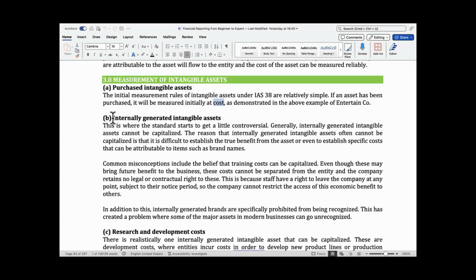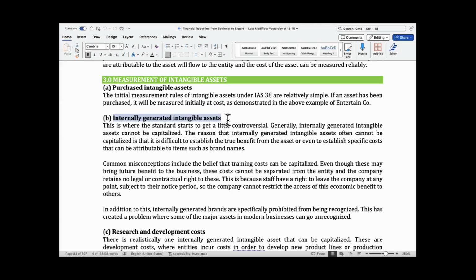The second one, which is another way in which an intangible asset can be created, is internally generated intangible assets. And from the name, internally generated, you should understand that these are intangible assets that we did not buy, but rather we developed them over time.